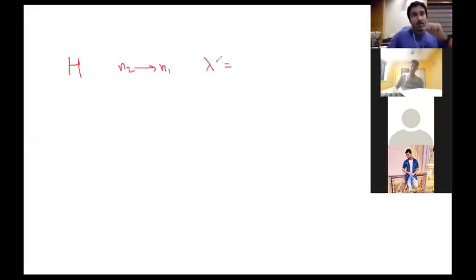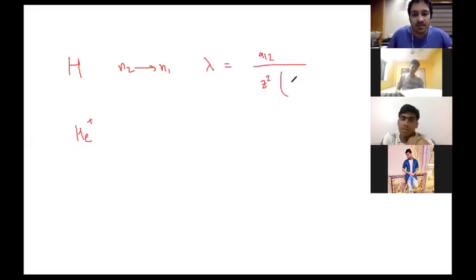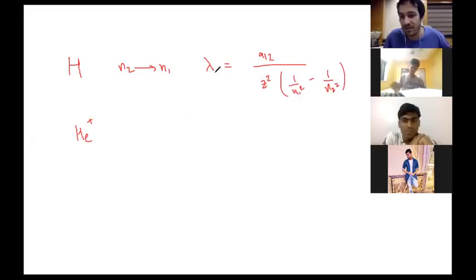Now, the same transition in helium plus will not release the same photon. We know this already, because what is the formula for lambda? Lambda is 912 upon Z square times 1 by N1 square minus 1 by N2 square. This is the formula. So if Z changes, then the lambda will change. That we are sure of.